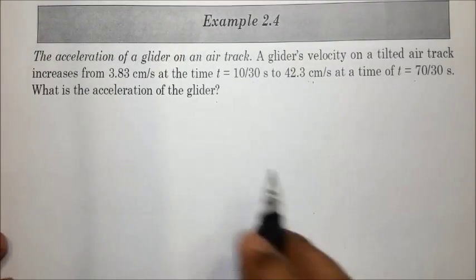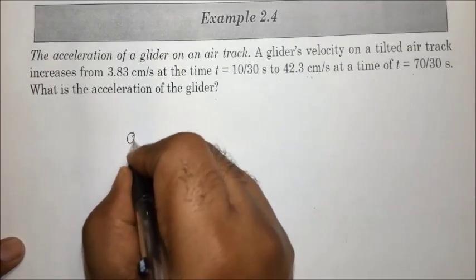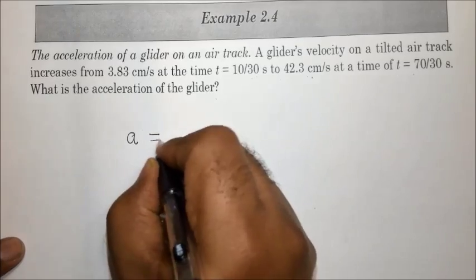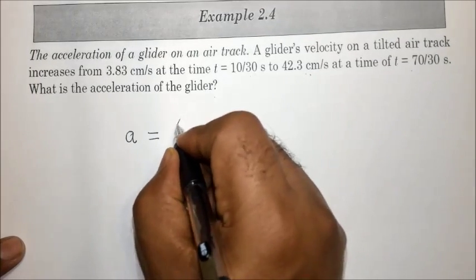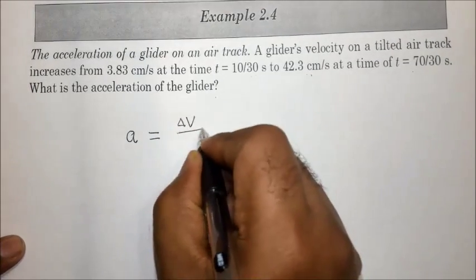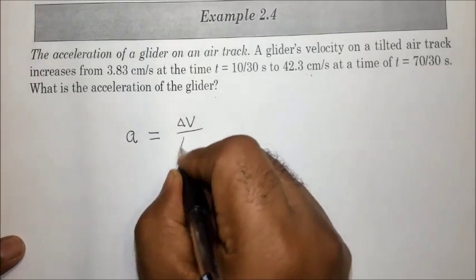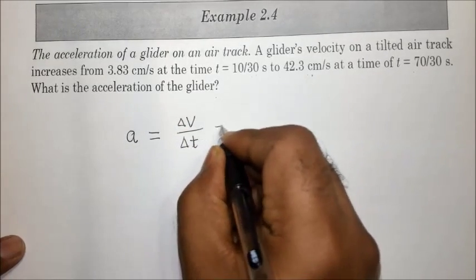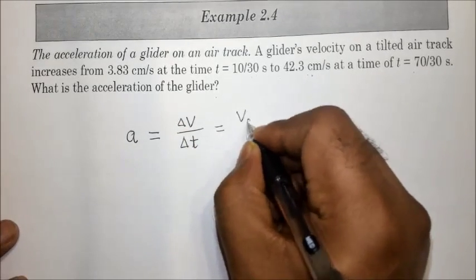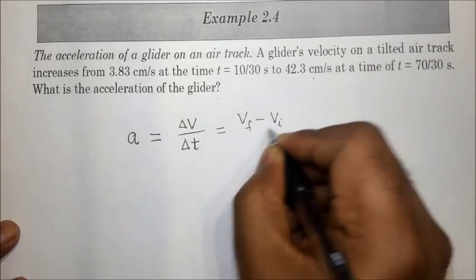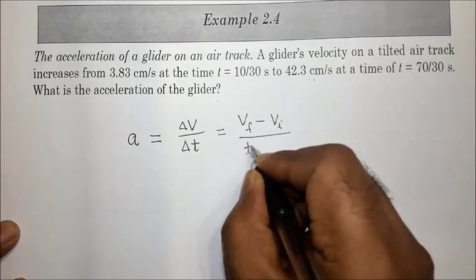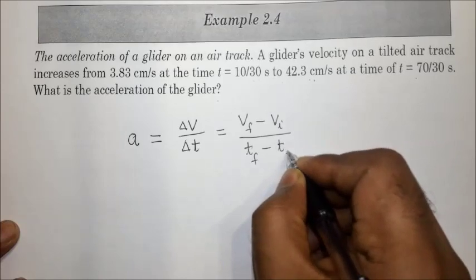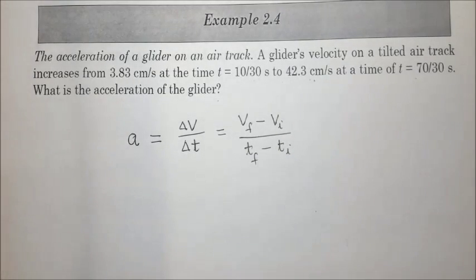This is very simple. Acceleration A is delta V over delta T, is V final minus V initial over T final minus T initial.